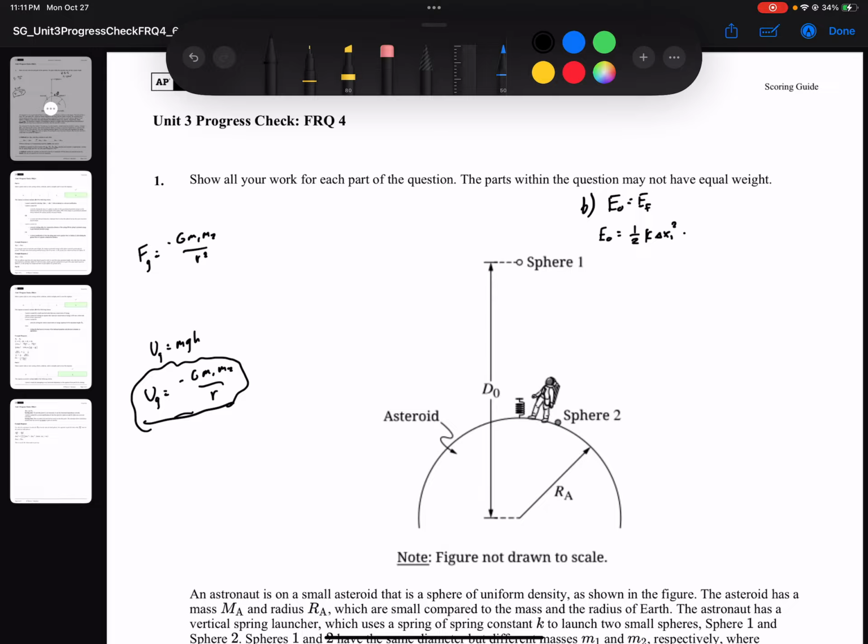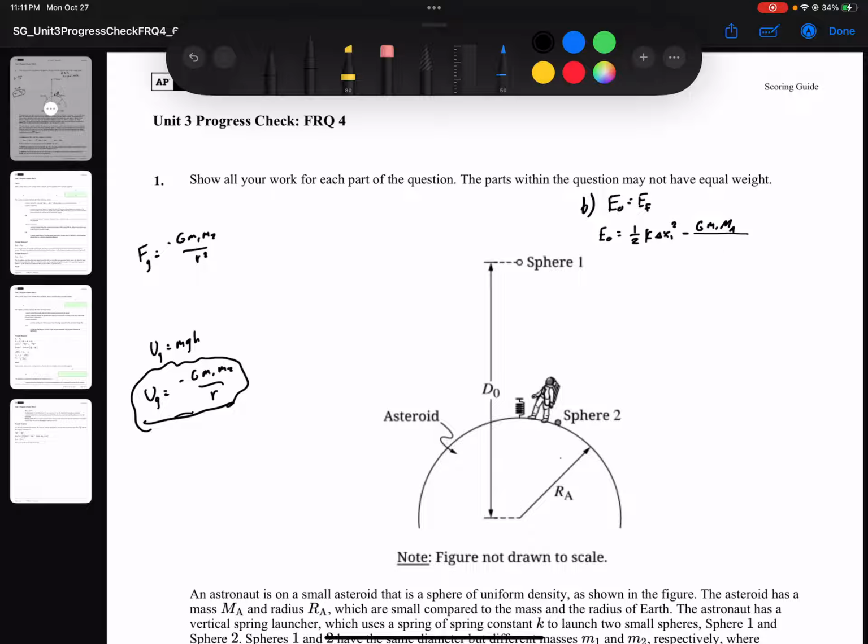So I'm going to subtract G times m1 times the mass of the asteroid. Actually, let me use the thinner marker. There we go. That way, because it's a little blotchy. Divided by the initial height.